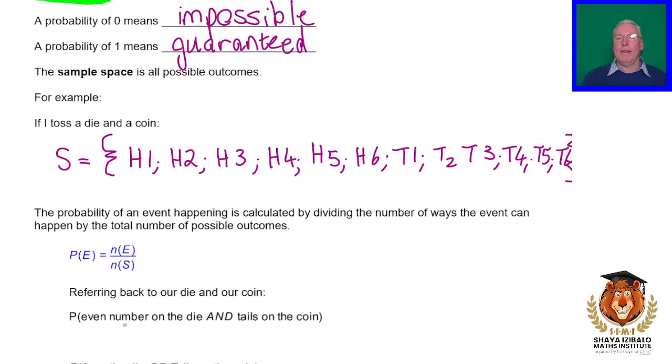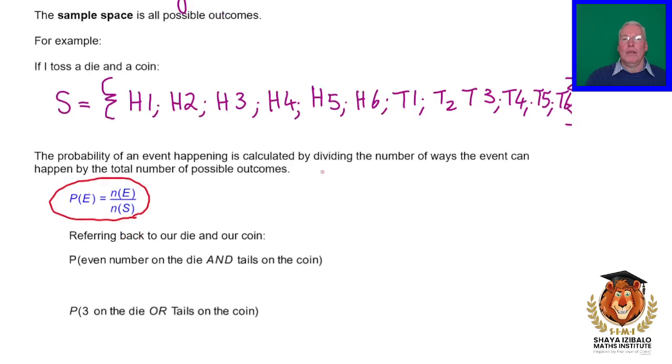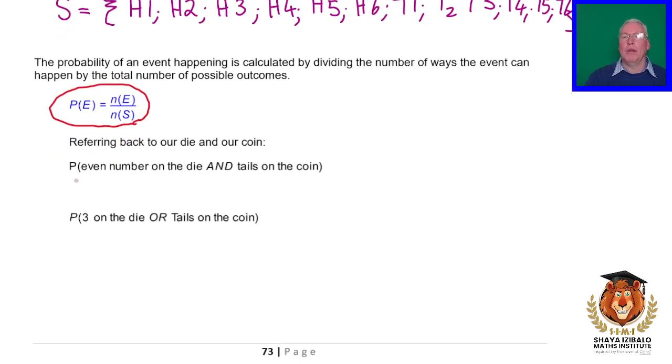The probability of an event happening, now this formula gets provided to you. It gets given to you in tests and exams. And what it says is it's the number of ways that can happen divided by the total number of things that can happen. So if we go back to this previous example, what's the probability they get an even number on the die and tails on the coin?